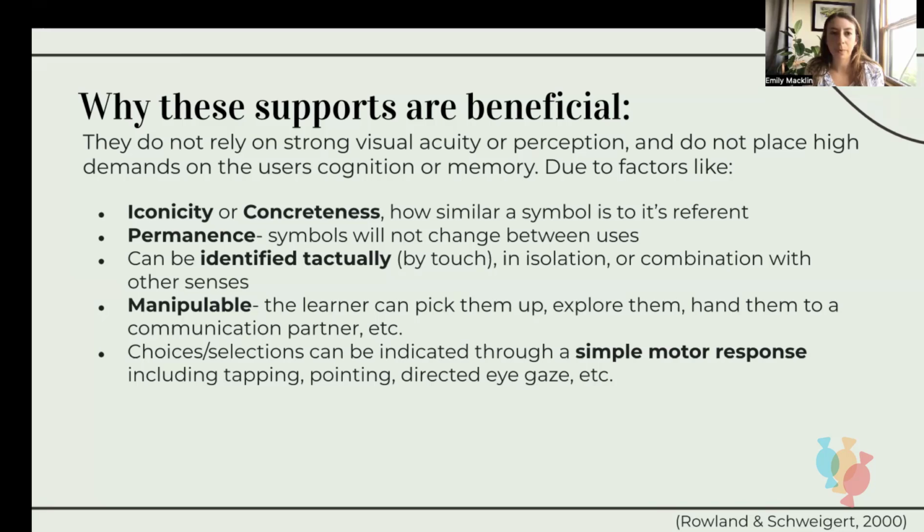So that's another important part when you're considering all that's going into choosing the symbol or locating the symbol. They need to recognize it, not necessarily recall it each time. And the consistent motor placement, use of motor memory will be helpful for things like that too. All of that was talked about in depth by Rowland and Schweigert. So I will link their book at the end, and that's a really important source to check out.